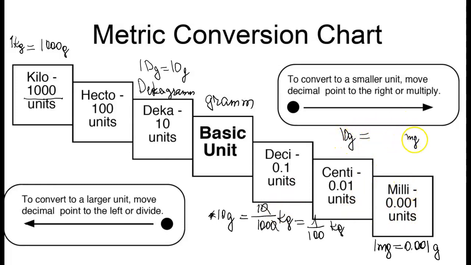You need to understand that milligrams are 1,000 times smaller, so you need to multiply 10 by 1,000. That is your answer in milligrams. So it will be 10,000 milligrams.